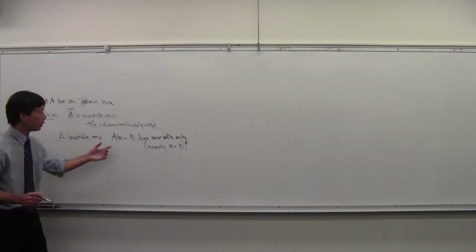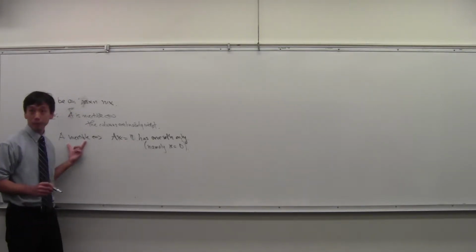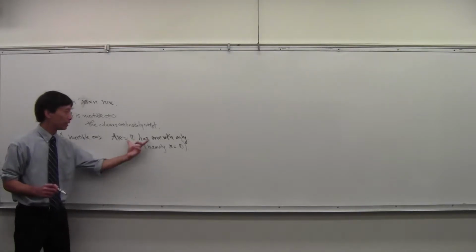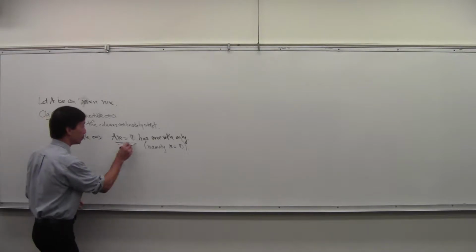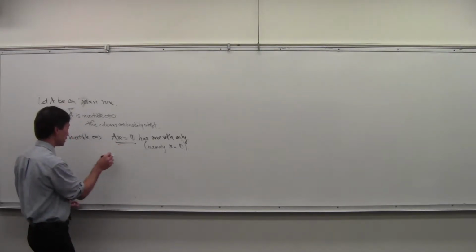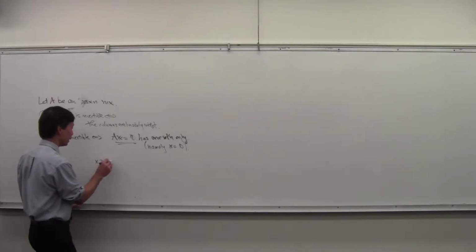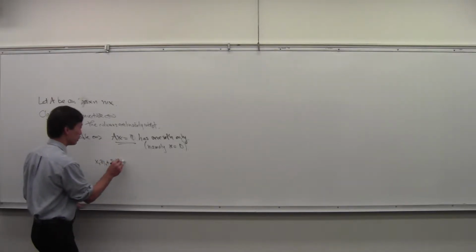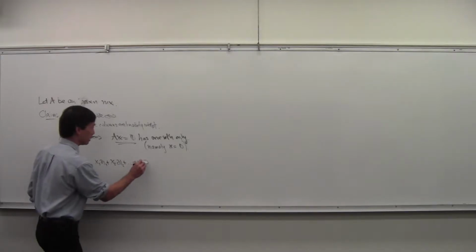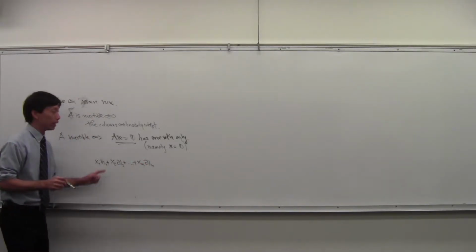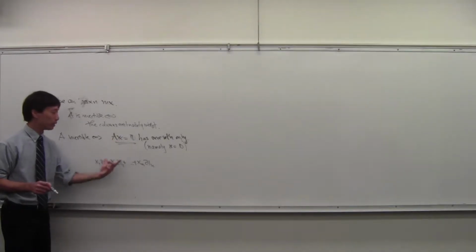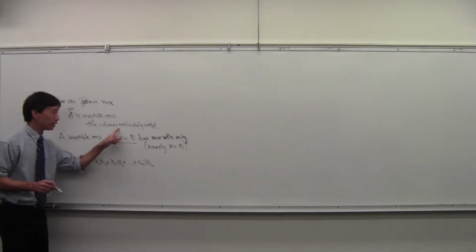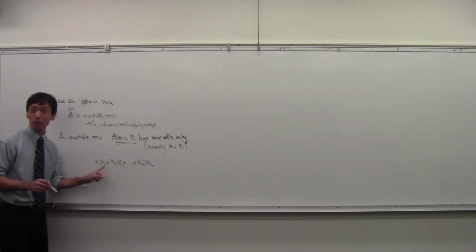So you say, okay, well, A invertible is the same thing as saying that this has one solution only, right? But remember what this is. This thing here is the same thing as x1 a1 plus x2 a2 plus xn an. When you take a matrix and multiply it by a vector, that's the same thing as taking the entries in the vector and multiplying the columns by it.